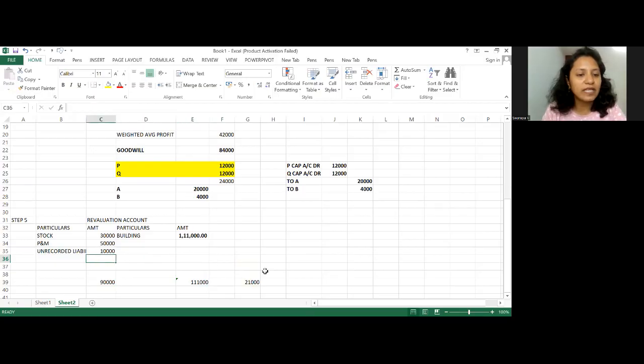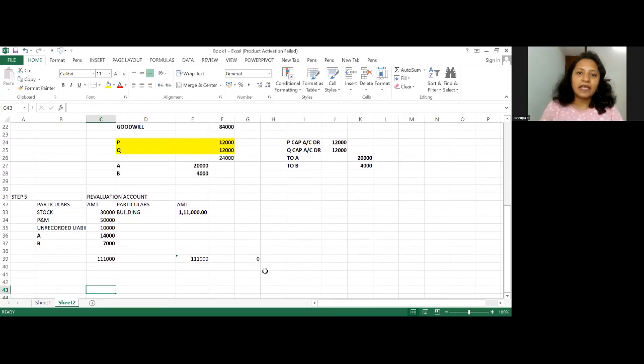This 21,000 will get distributed among A and B in their old profit sharing ratio, 21,000 into 2 by 3 and 1 by 3. So the first step is to divide the profit or loss in the old profit sharing ratio. Generally, if nothing is mentioned in the question, we will assume that the revaluation will have an impact on your balance sheet. So accordingly, the revalued figures will come in the balance sheet. Profit or loss on revaluation will go into the capital account.